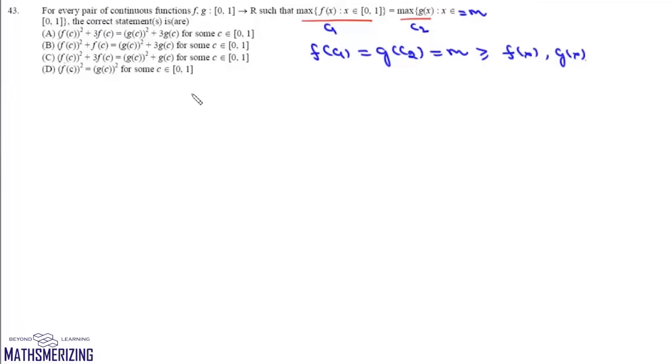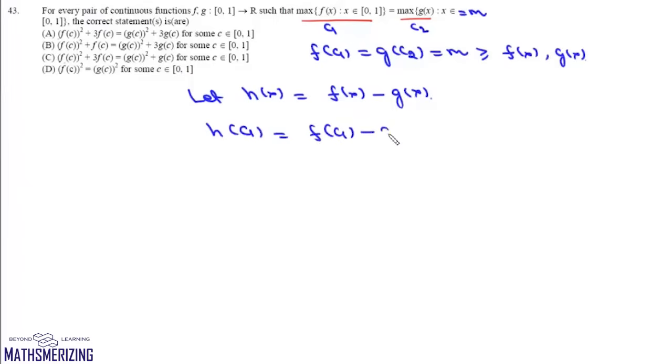Now what we'll do is we'll define a function h(x) which is f(x) minus g(x). Now if we find h(c1), it will be f(c1) minus g(c1). Now f(c1) is m, so this value is always greater than or equal to 0.